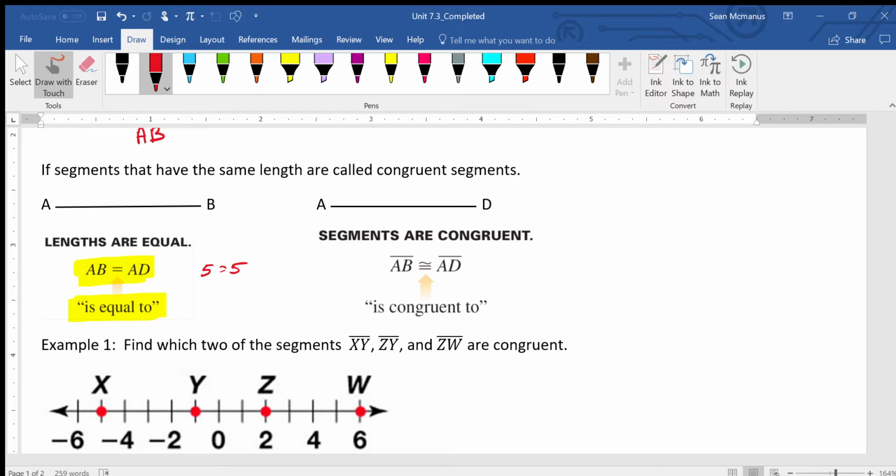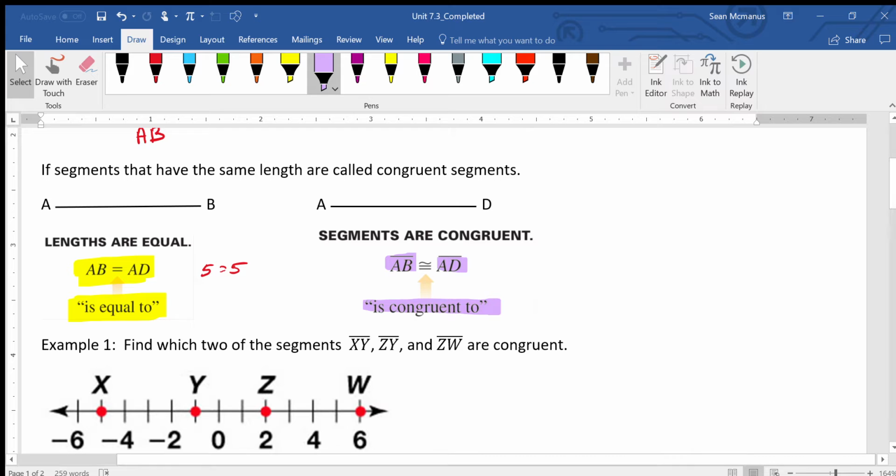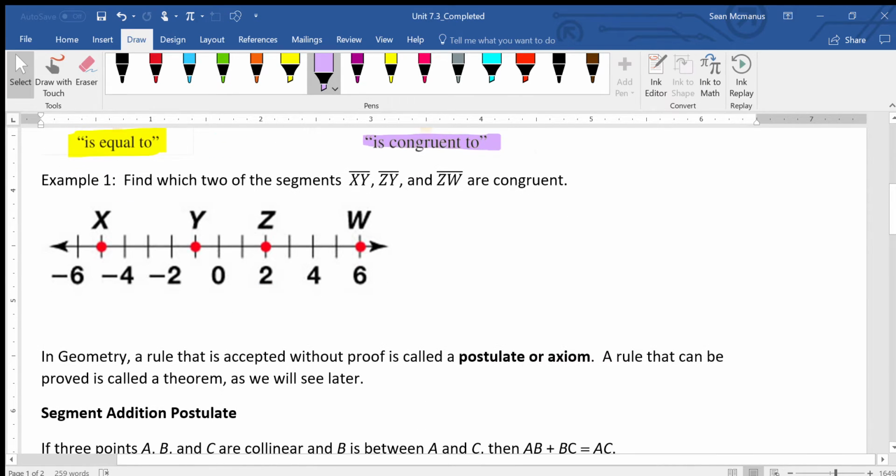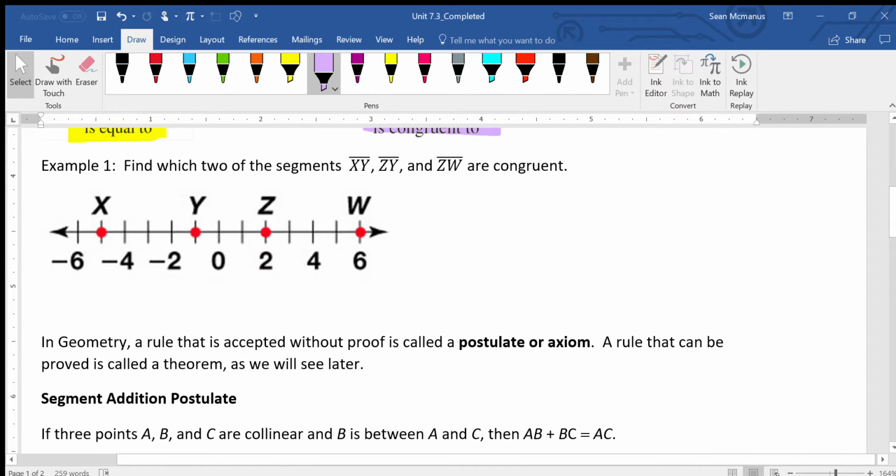But if I'm just referring to them by name, not specifically to the length, I would say segment AB and segment AD are congruent. So length AB is equal to length AD, but segment AB is congruent with segment AD. It seems like splitting hairs sometimes, but it's really important that we're accurate with how we describe what we're seeing here. The easiest way usually is just to jump into some examples.